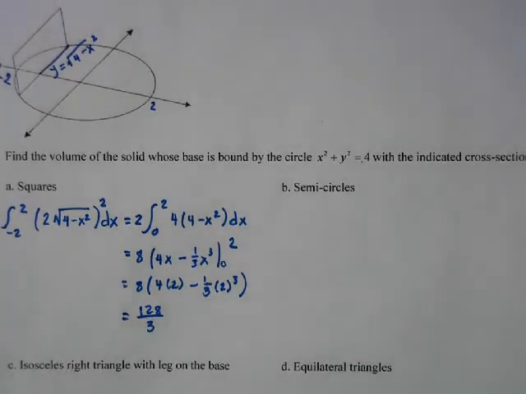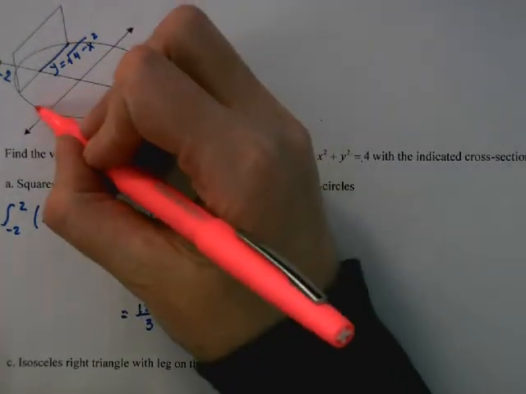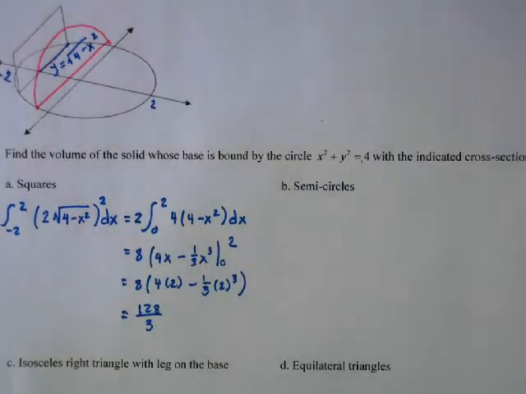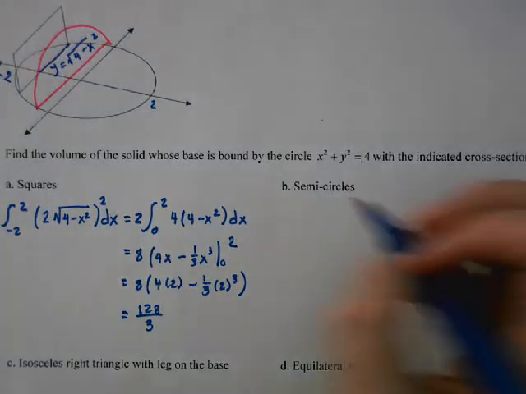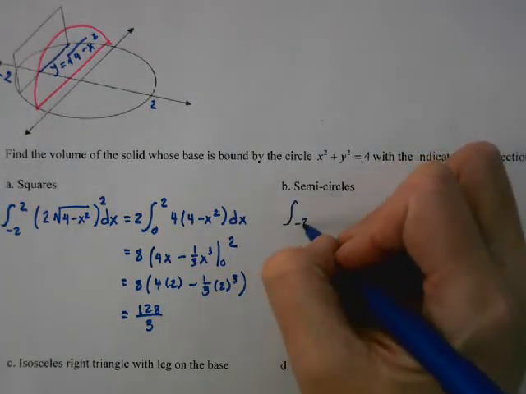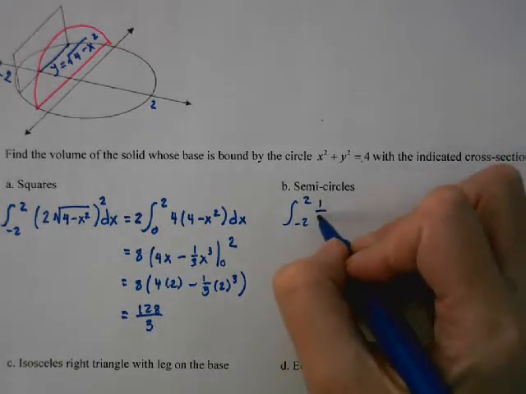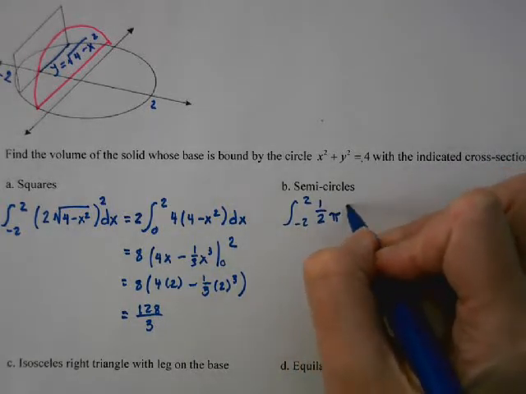Okay, now what if instead of squares we did semicircles? So now my cross section is going to look something like that. Okay, so we're still going from -2 to 2, which I'm going to change in a second, of the area of a semicircle, which is going to be 1/2 pi r squared.